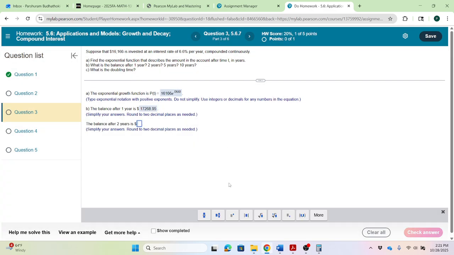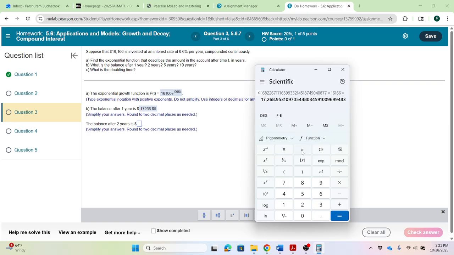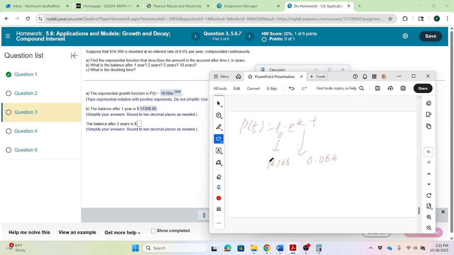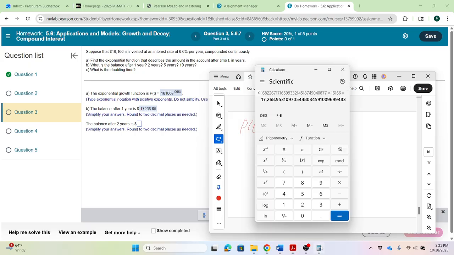And then what about the balance after 2 years? After 2 years, as you can see, it's t times 2, so 0.066 times 2. So type e to the power 0.066 times 2 and times it by 16,166.